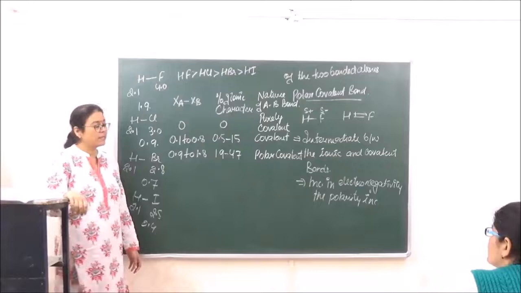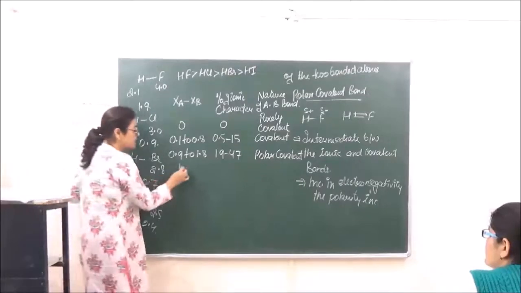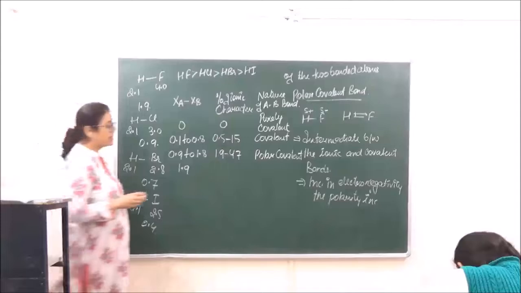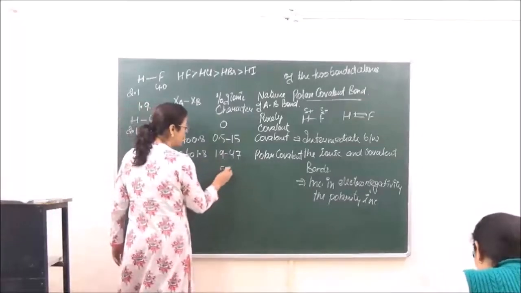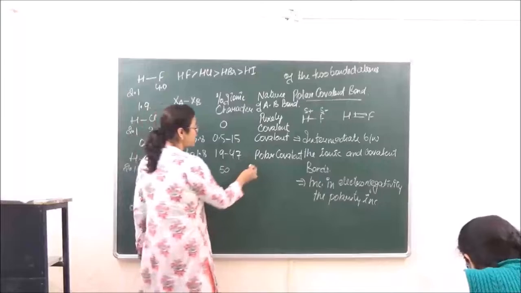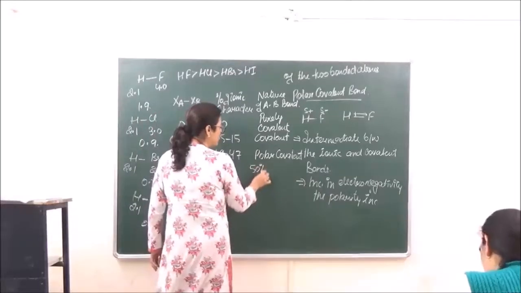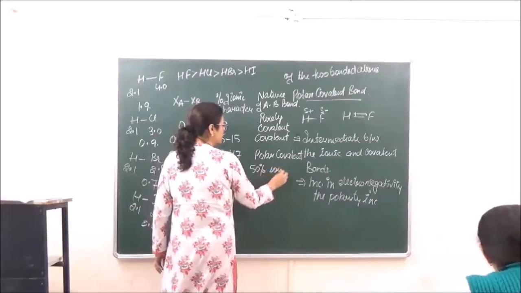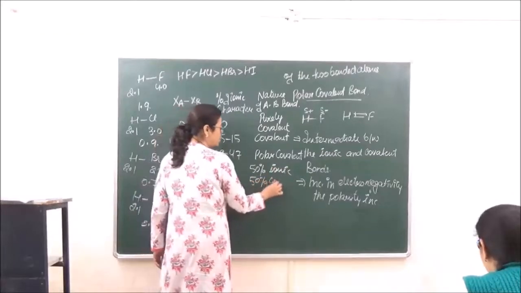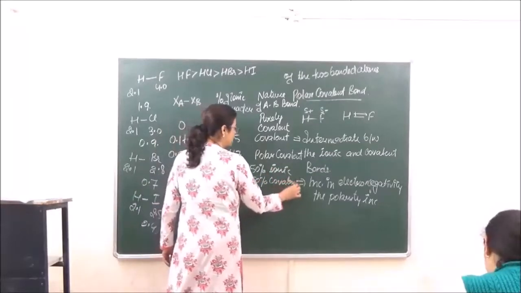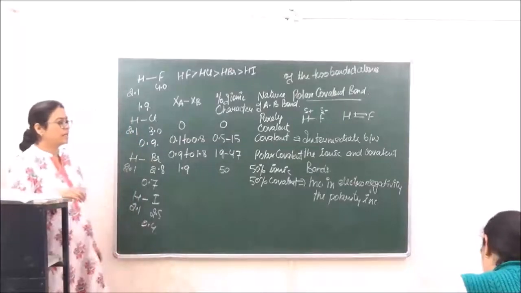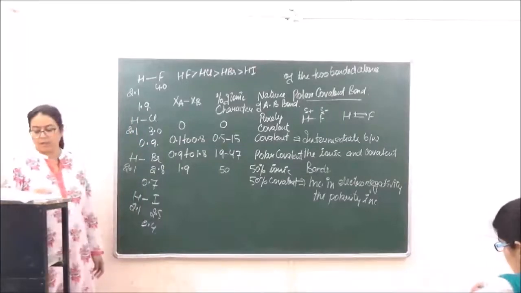Then, if the electronegativity difference is 1.9, the percentage of ionic character is 50%. We say that the bond is 50% ionic and 50% covalent.